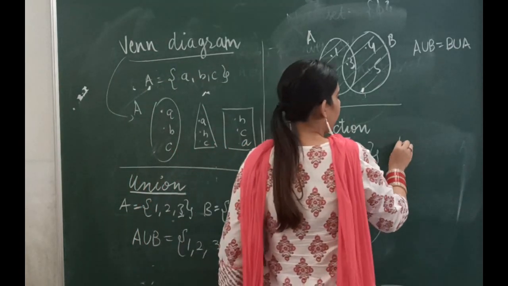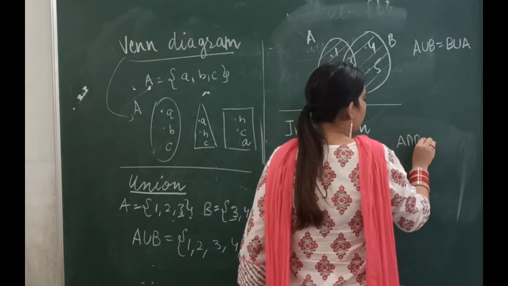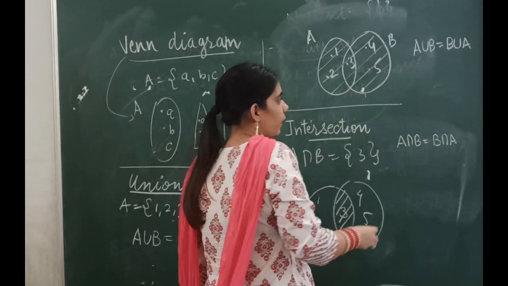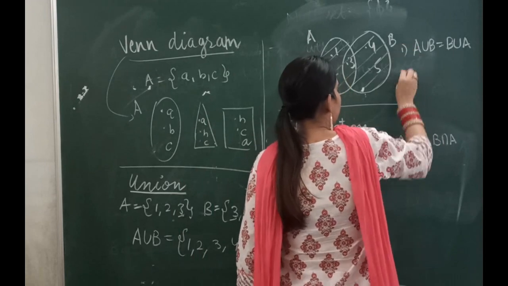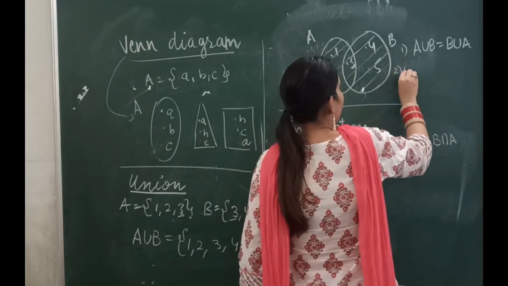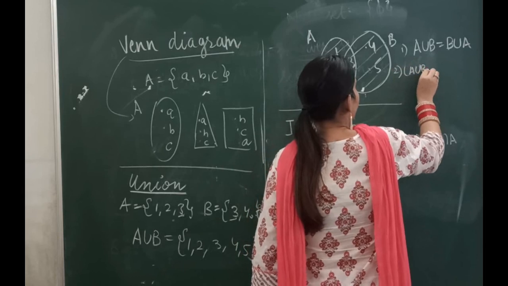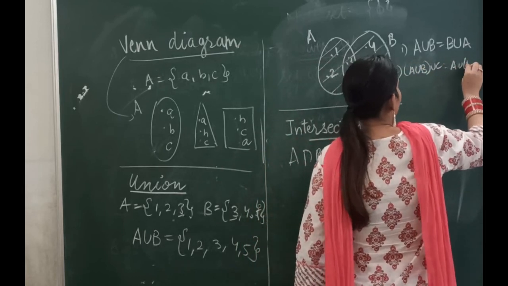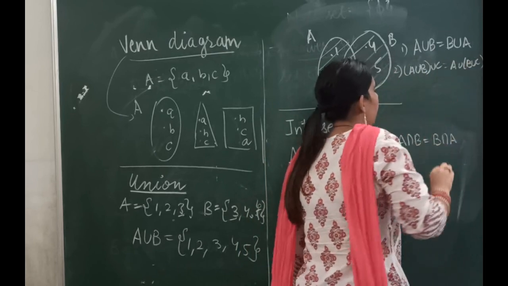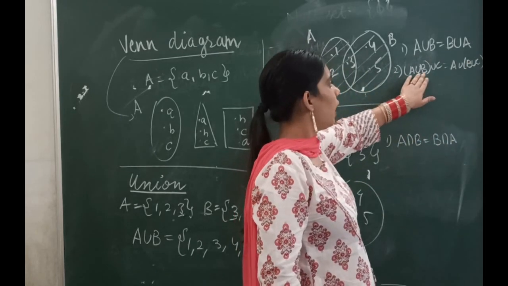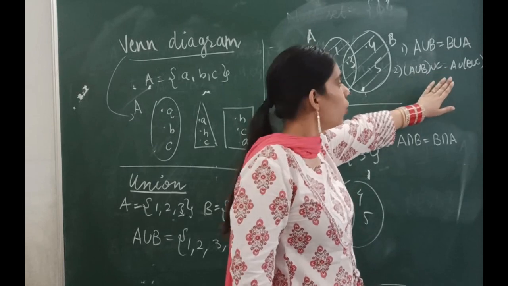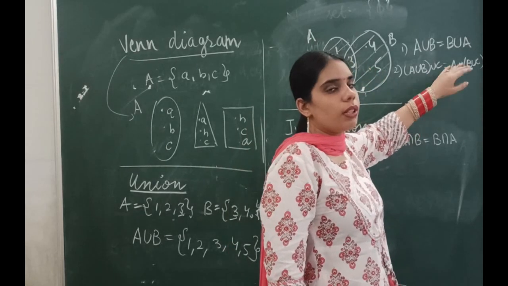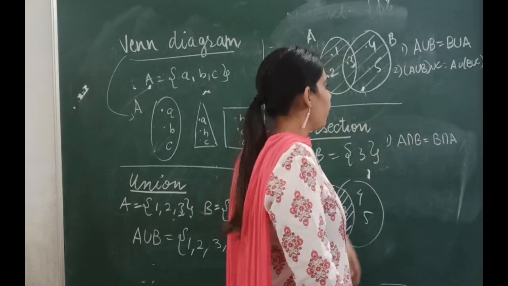In a similar way, A intersection B is always equal to B intersection A. So the second property is A union (B union C) is equal to (A union B) union C. पहले आप A union B निकालो और फिर C का यूनियन साथ में लो, या फिर B union C निकालो और फिर A का यूनियन साथ में लो, it's one and the same thing.